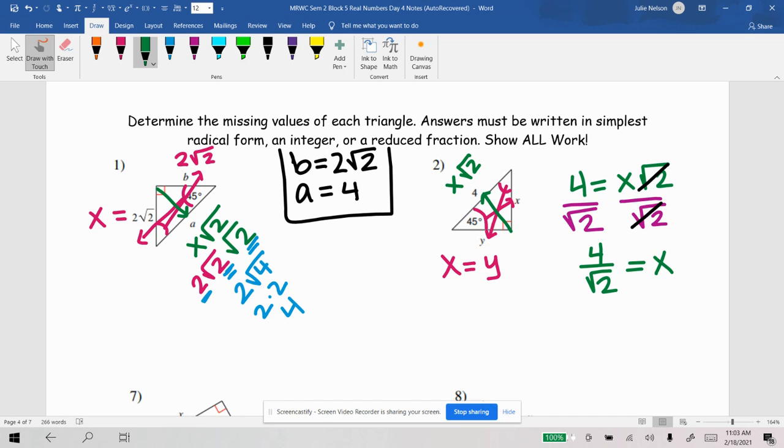And for right now, I'm actually going to let you leave it like this. Okay, technically we have to rationalize the denominator, but for right now, I'm going to let you leave it like this. Okay, so since x equals y, x equals 4 over square root of 2, and y equals 4 over square root of 2.